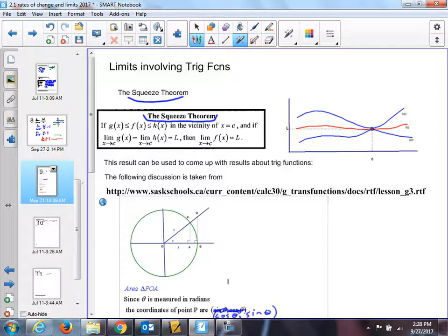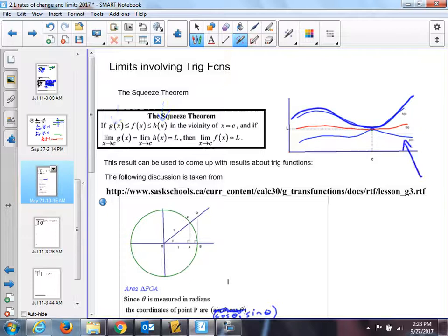If the function g is smaller or equal to the function f, and that same function f is smaller or equal to the function h, so you know what I mean? We've got it ordered, first, second, third, right? Lowest to highest values in the function. So here's my h, the highest values.